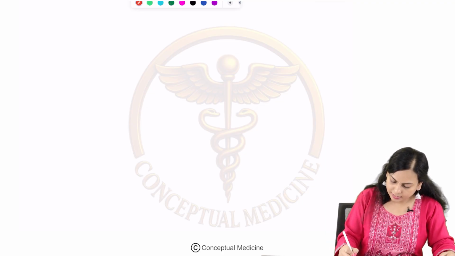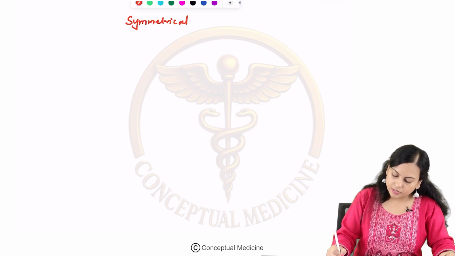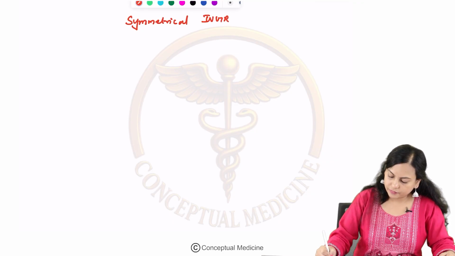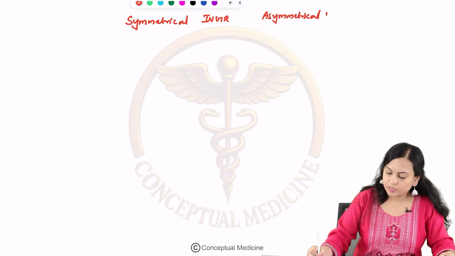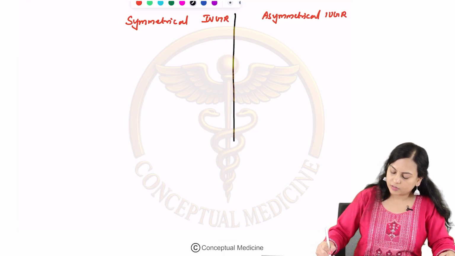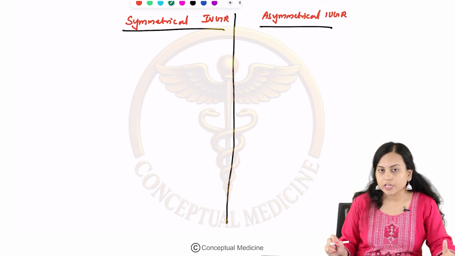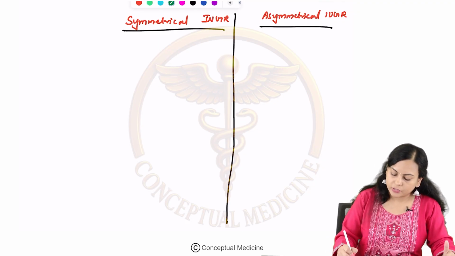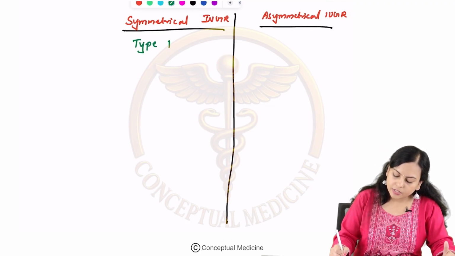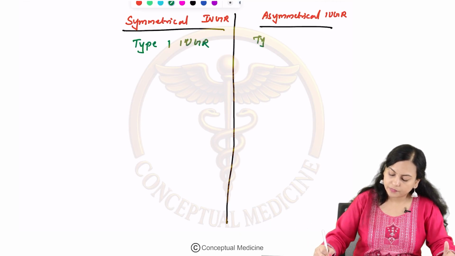So if we take symmetrical IUGR and asymmetrical IUGR. So symmetrical IUGR is also known as type 1 IUGR, whereas asymmetrical IUGR is also known as type 2 IUGR. Okay?